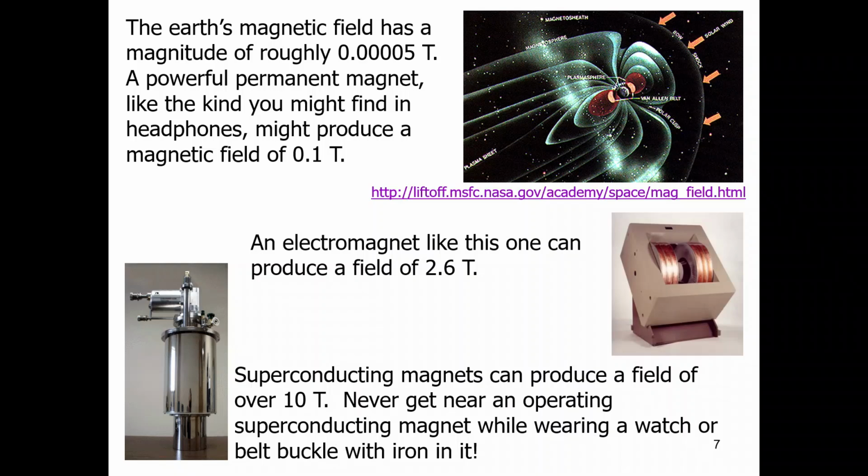When you get to magnetic field strengths that large, you have to make sure you are not wearing anything magnetic, because those fields are so strong that they could cause you to not be able to move your arms away from the magnet. That is very, very dangerous. People can get injured wearing magnetic materials near magnets that strong.